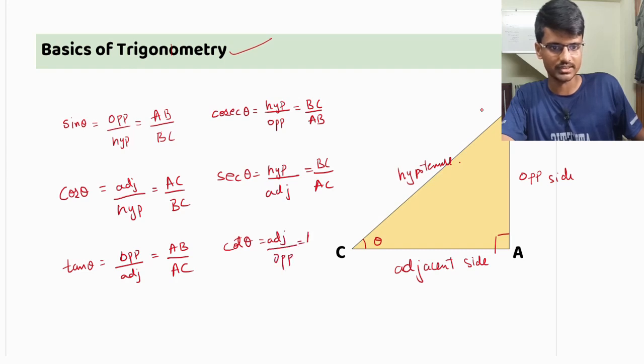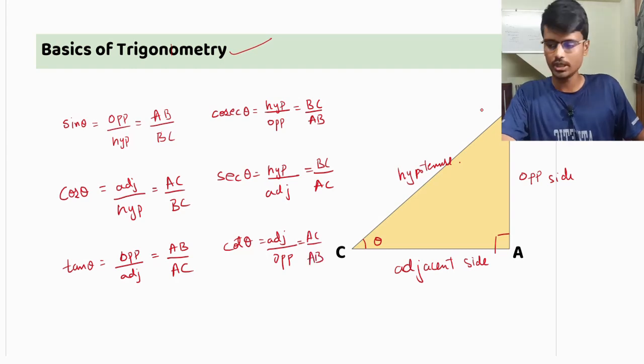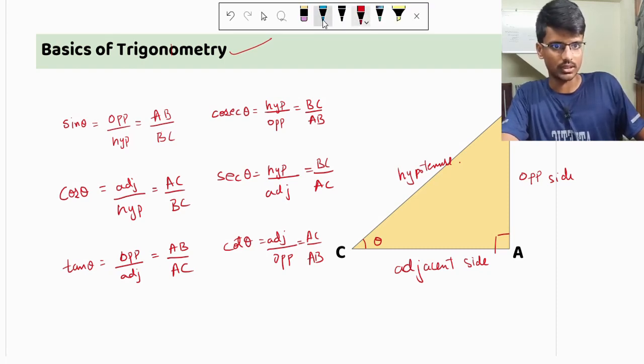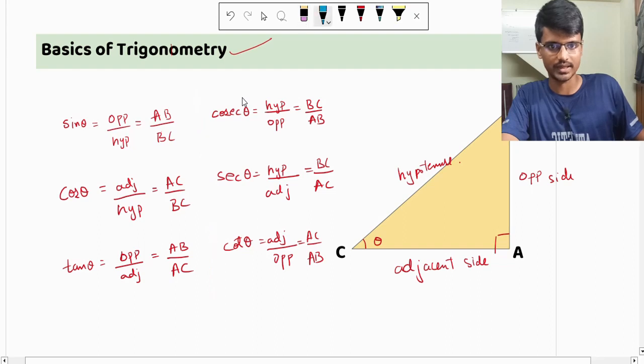What is my adjacent? AC by AB. This is something you are supposed to remember. These are my sine theta, cos theta, tan theta, cosec, sec, and cot.